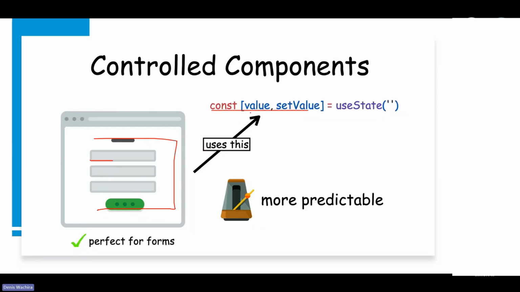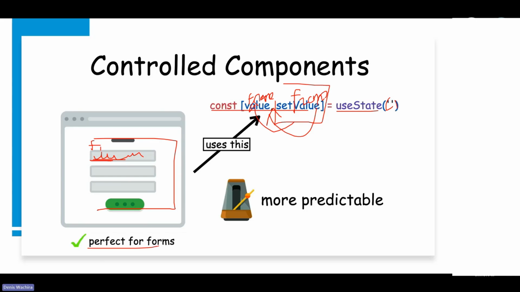So you define this to be the first name state, then the set value to be the set function name. This is the function that will be updating it. In this input, we initialize it with an empty value. So the first name input should be empty, but the moment we start typing, we want to call this setFname function to update the first name with whatever you are typing here.